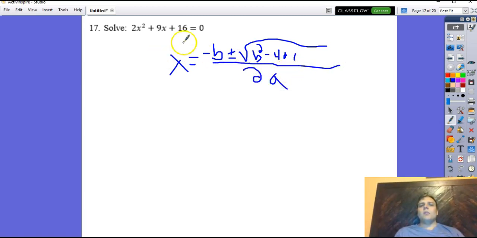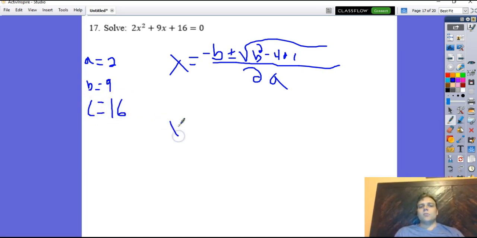Alright, so what are a, b, and c? Well, a, b, and c just come from my equation. A is the number in front of x squared, so that's 2 for this problem. B is the number in front of x, so that's 9 for this problem. C is my constant number, so that's 16 for this problem.